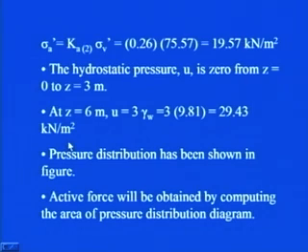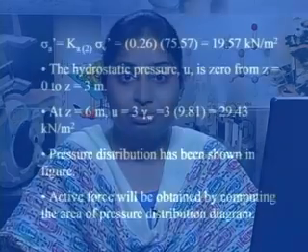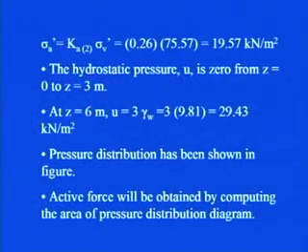Now these are all the stresses which will be acting upon the wall. Now we have to draw the pressure distribution due to these pressures, which I will be showing you in the subsequent slide. And then, as you know, once the pressure diagram is drawn, you simply take the area of that particular diagram, and that will give you the total force per unit length of the wall.